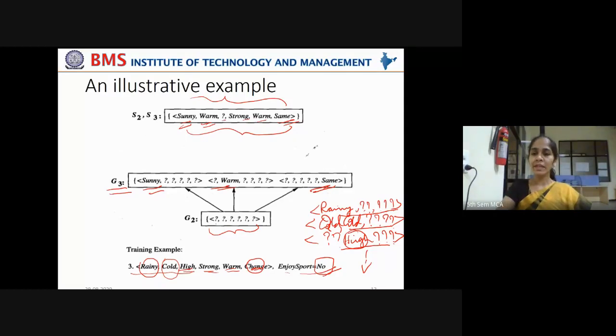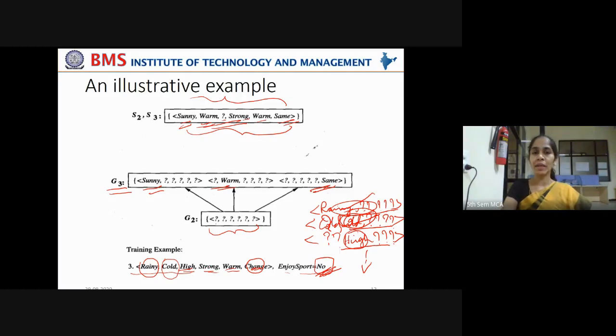Now, this rainy is so far not covered by any of the training examples. So that is cancelled. Now this cold is also not covered by any of the training examples encountered so far other than this third one. So this is also removed. Now there is another one, high, which is already general and covered by S2 and S3. So this is already considered. Leave it. Now go to the next one, strong.